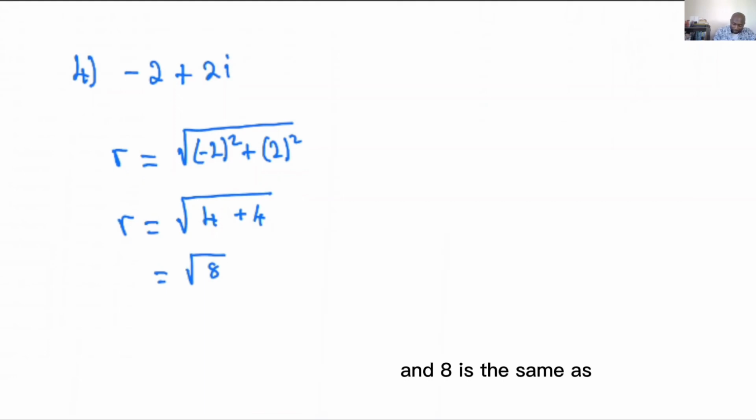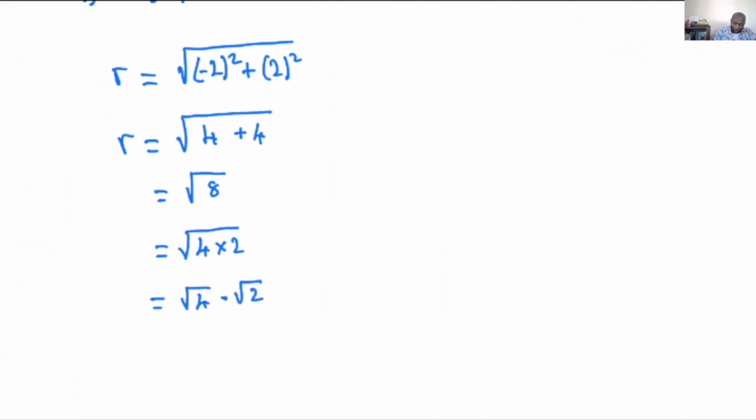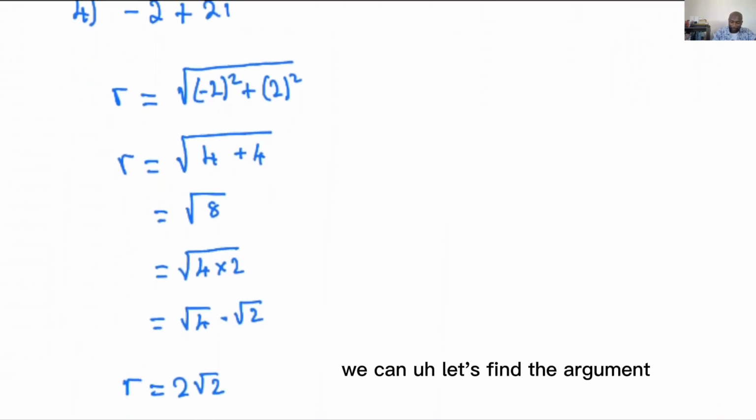And 8 is the same as 4 multiplied by 2, which can be written as the square root of 4 times the square root of 2. The square root of 4 is 2, so r is equal to 2 square root of 2.